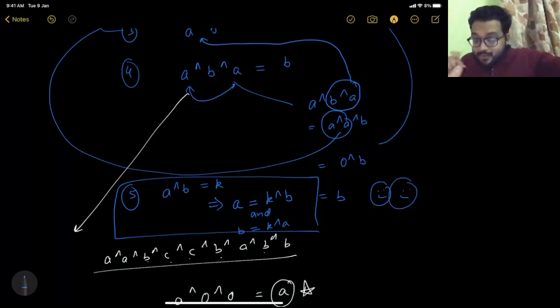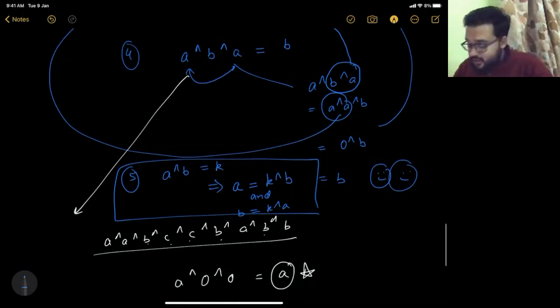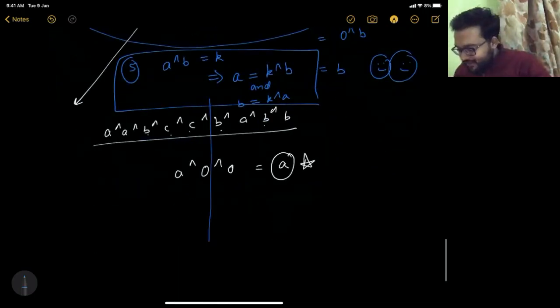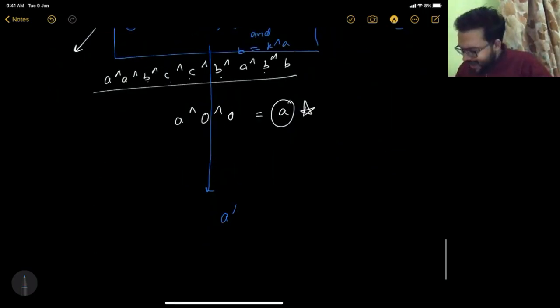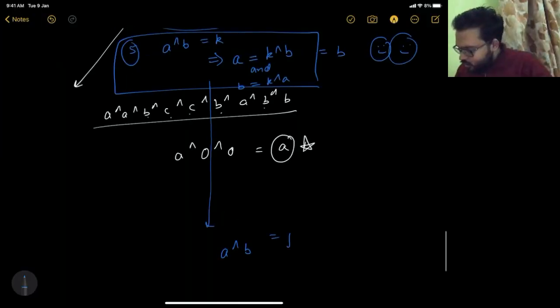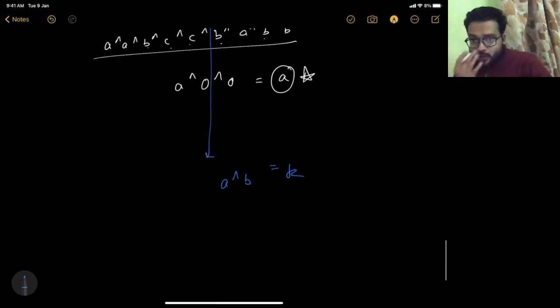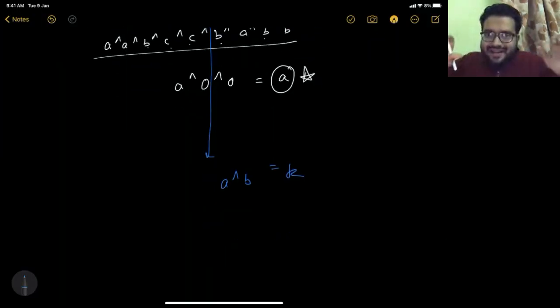Is everybody with me? So I will just prove this mathematically. Intuitively, this will make sense. But to prove this mathematically, it's again a very simple operation. You had A XOR B equal to K. I have a question to you guys. If two numbers are equal and I XOR them with the same number, will the answer still remain equal? Let me rephrase the question. If two numbers are equal, you just apply the same number XOR onto both the sides, the answer will still remain the same, right?